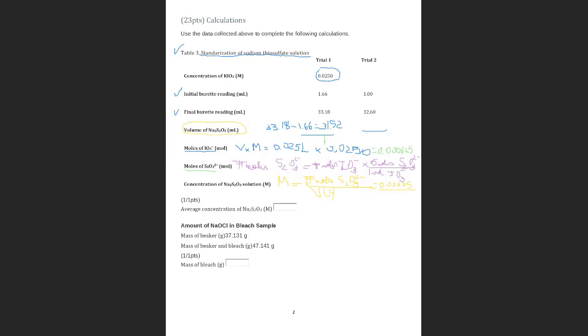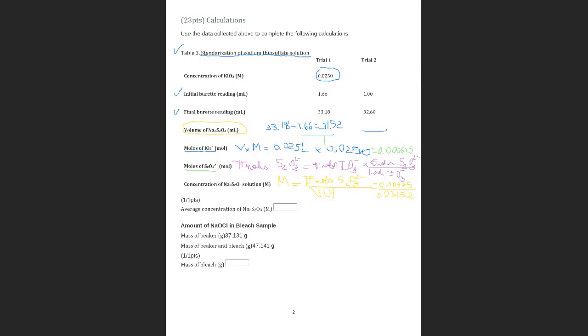That's why we are titrating. I got 31.52, but we need to convert it into liters. So that will be 0.03152.